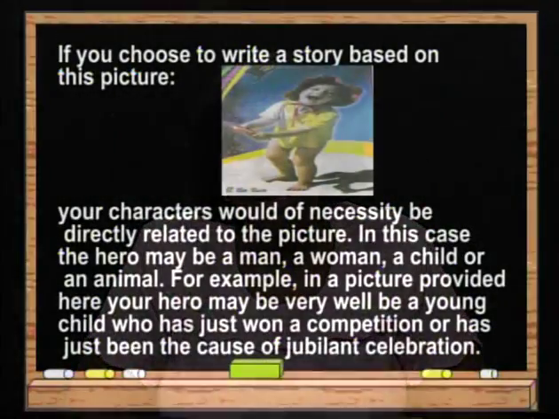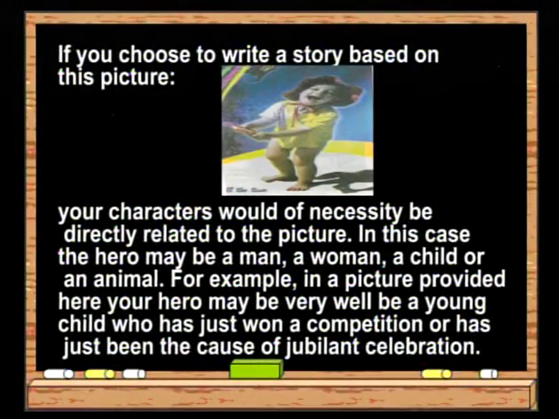As we said before, your choice of characters would depend on the topic you choose. Of course, if you choose to write a story based on this picture, your characters would of necessity be directly related to the picture.